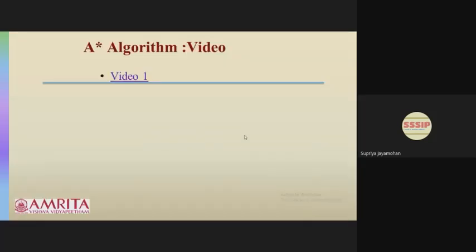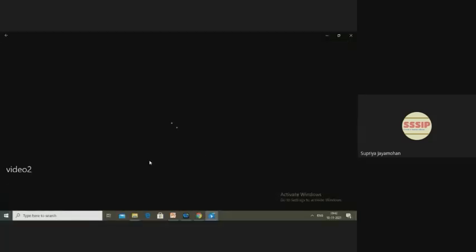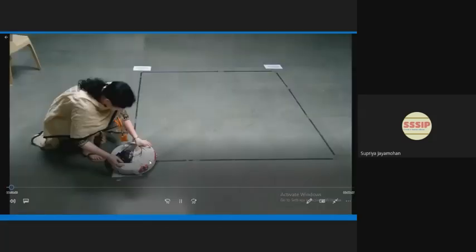That was one example, and we move on to the second example where, as I mentioned, it is almost a similar thing wherein we are going to run it for a different destination.